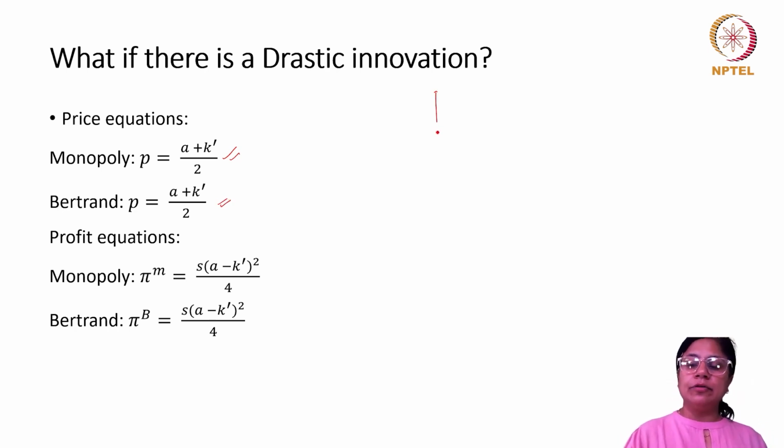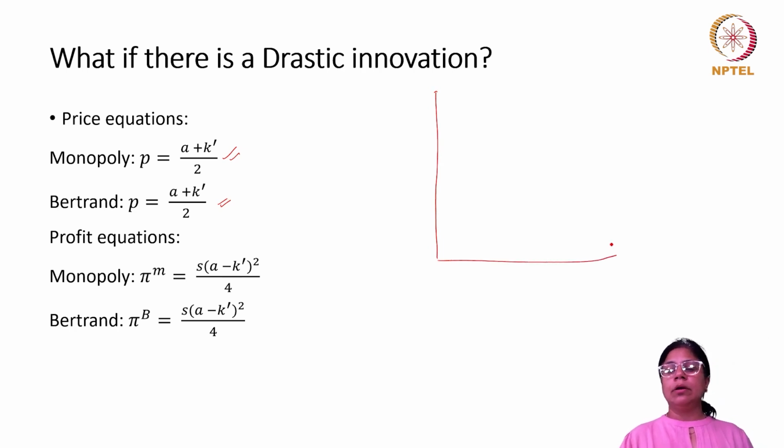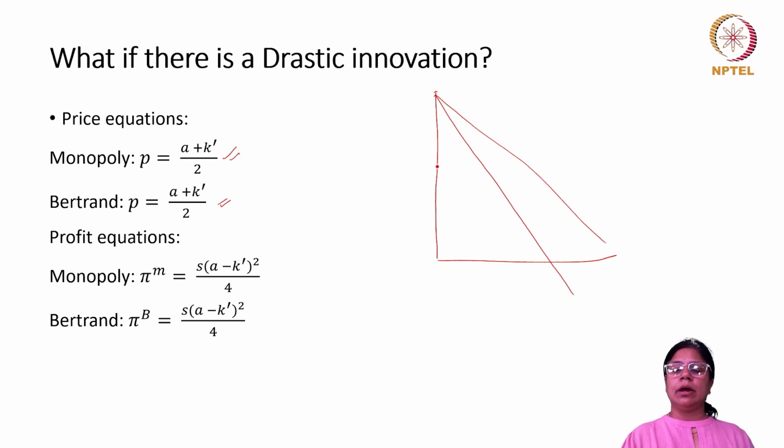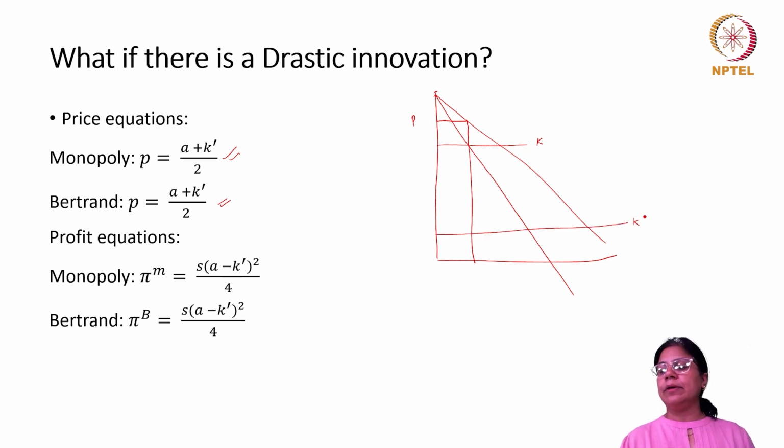Why? Just to give you a brief recall, suppose we had an equation like this, and we have a cost here, let us say, and as a result the firm will charge this price. Now this price is higher than the marginal cost of production, K. On the other hand, if you have an innovation which brings down the cost to K prime, based on the marginal revenue being equated to marginal cost, the firm will decide how much output to produce.